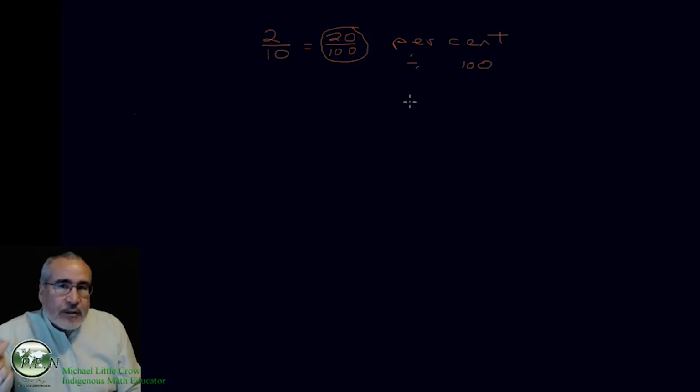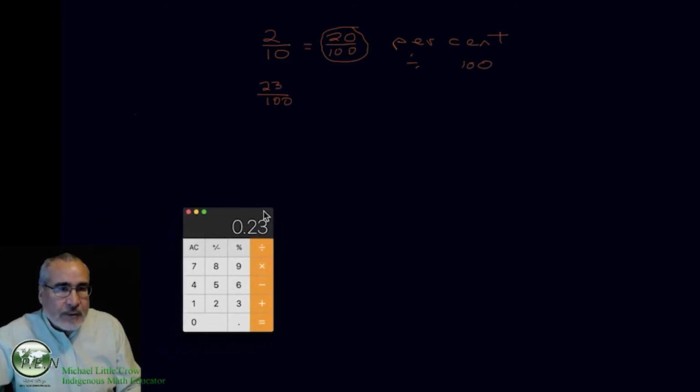So a percent is a fraction. It's a way of having a consistent fraction that's always divided by 100. The denominator is always 100. So let's take a look at something like 23 hundredths. What does this mean? Well, if we take 23 divided by 100, let's verify that with the calculator.